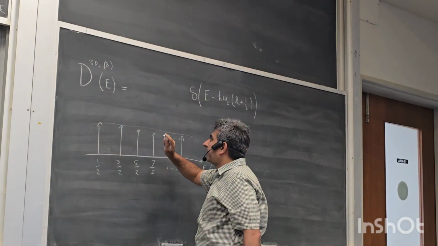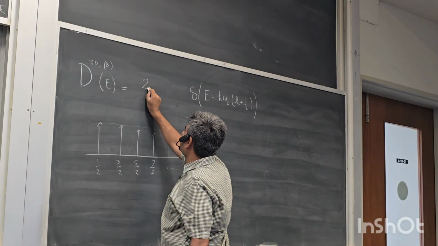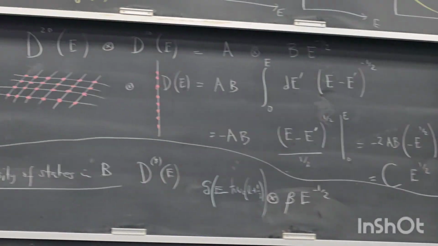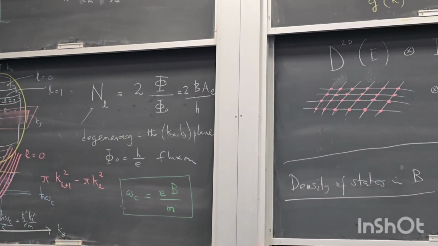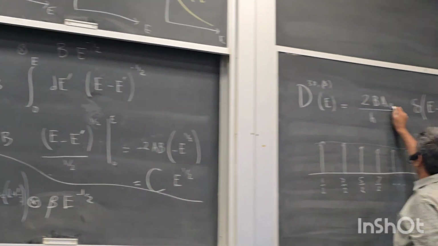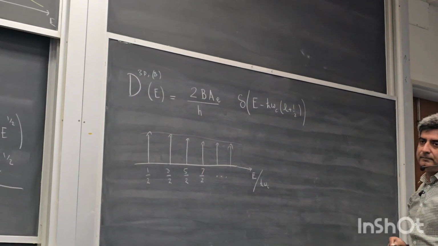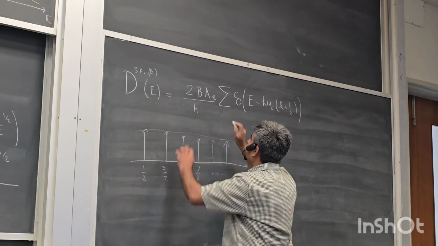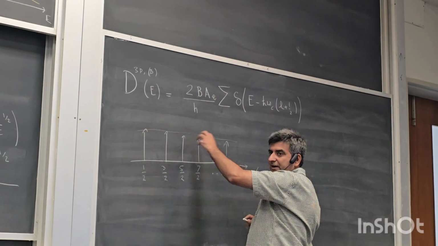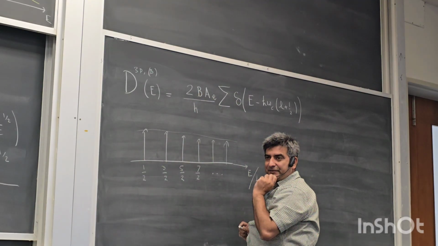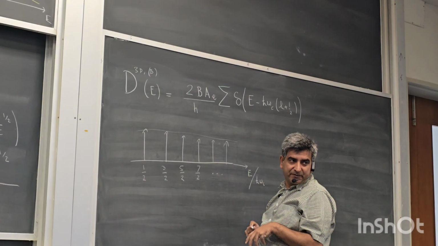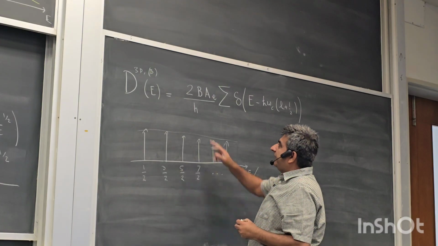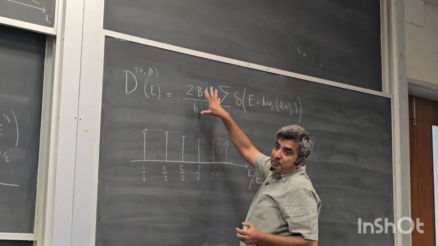I can spell out NL as 2 times phi B A over h E. Sum over, so this is the strength of each of these Dirac delta functions, which is the degeneracy that we've calculated, including the spin factor. This too comes from including the spin factor. And it depends upon the magnetic field. So this is proportional to omega c.